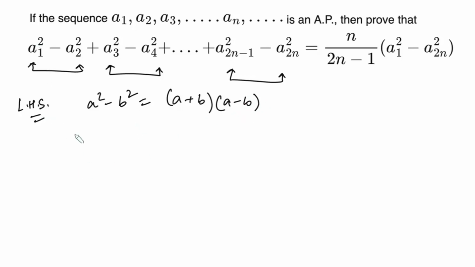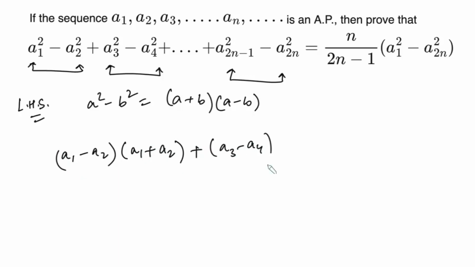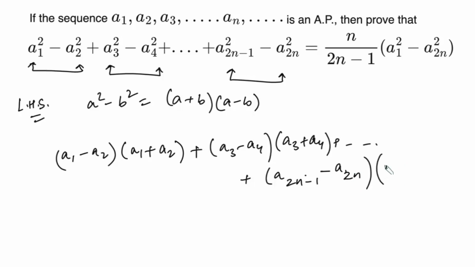So we have a1 minus a2 times a1 plus a2. Similarly, you have a3 minus a4 and a3 plus a4, and so on. The last term, which is a2n minus 1 minus a2n times a2n minus 1 plus a2n.